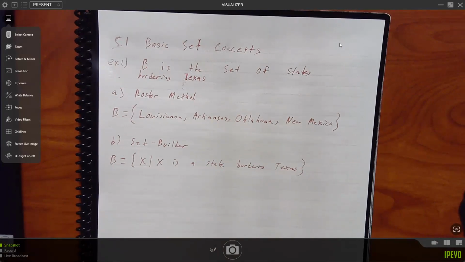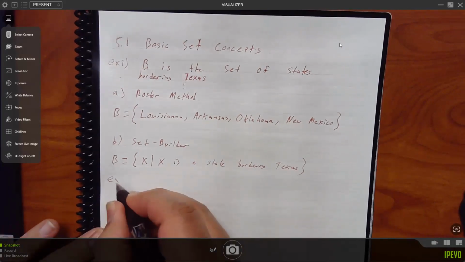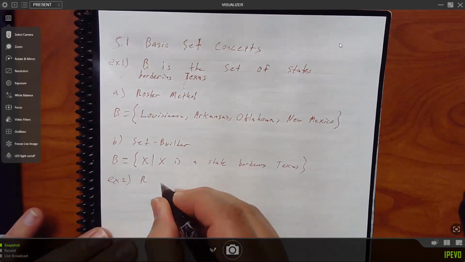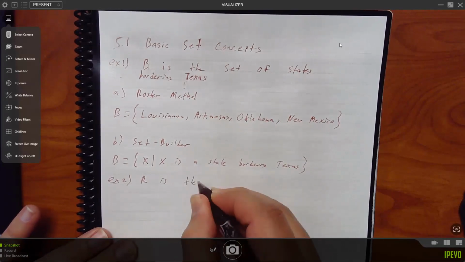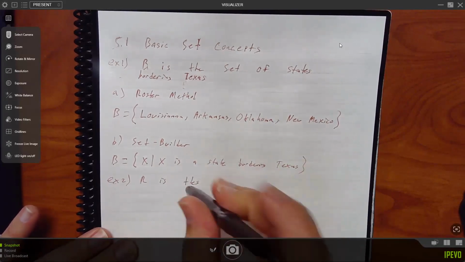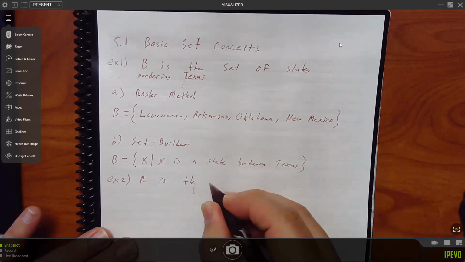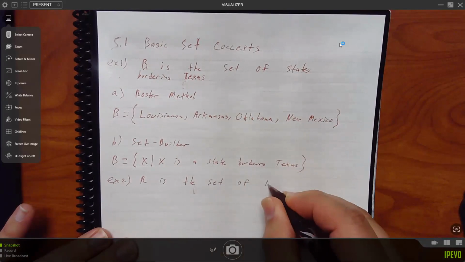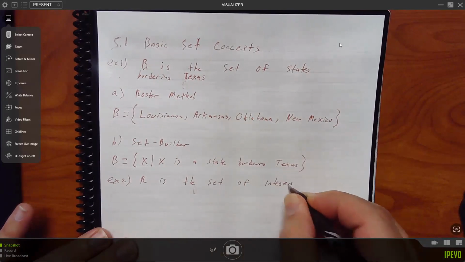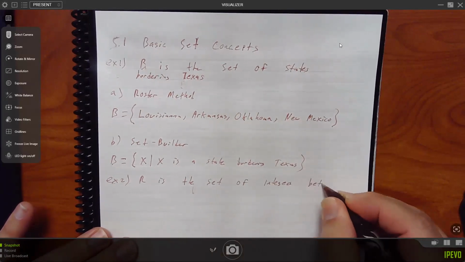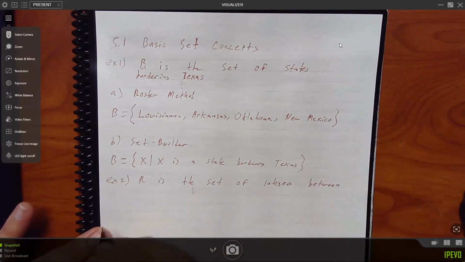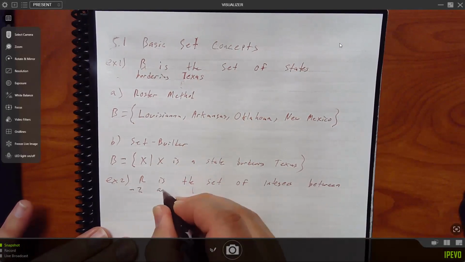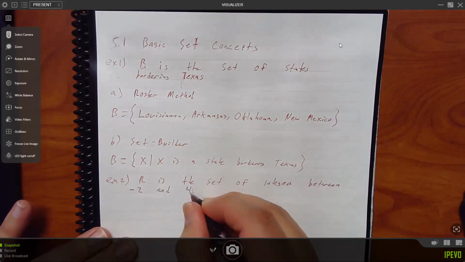Okay. So let's do another example where we do both. R is the set of integers between -2 and 4 inclusively. You guys remember what integer means? What is an integer? It is a number, but it's a certain type of number.